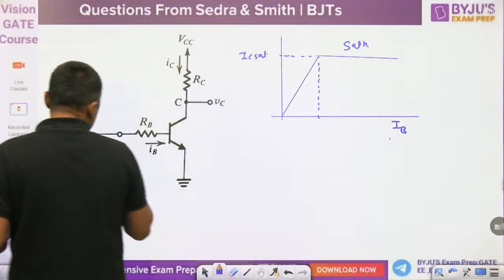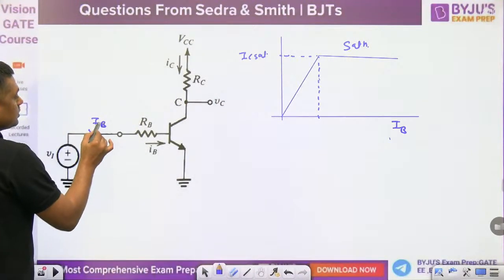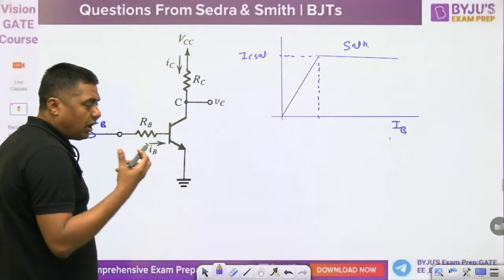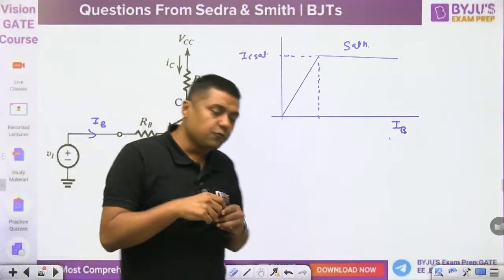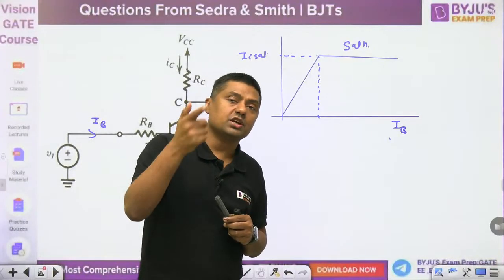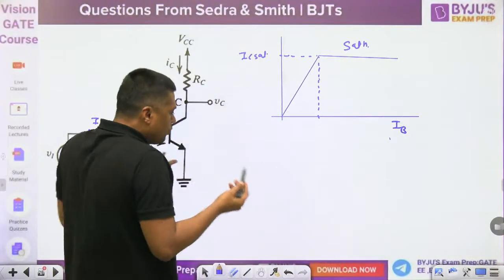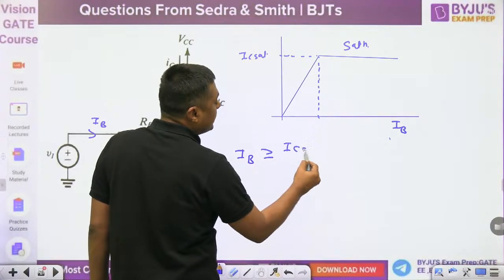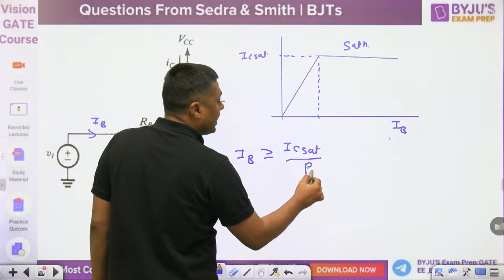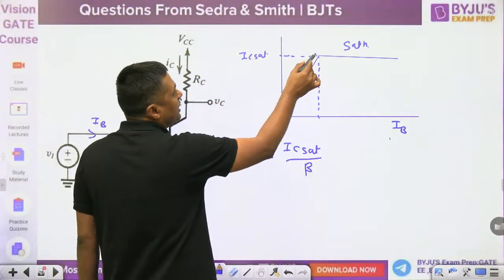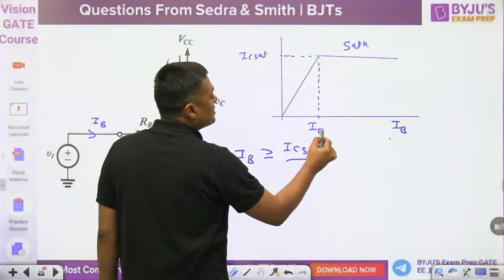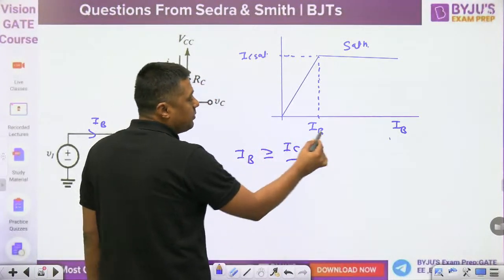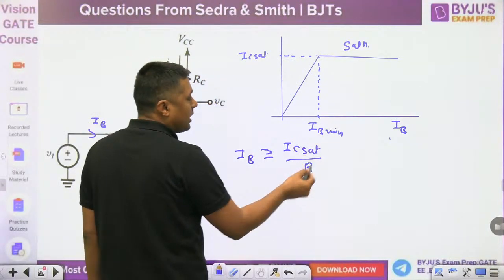Now if this IB is fixed and this IC is fixed, beta forced is the beta that will force the transistor to move into saturation. You have to satisfy the condition IB should be greater than or equal to IC sat divided by beta. That is the actual equation. Exactly at the boundary condition, IB should be greater than or equal to IC sat upon beta, that is IB minimum.